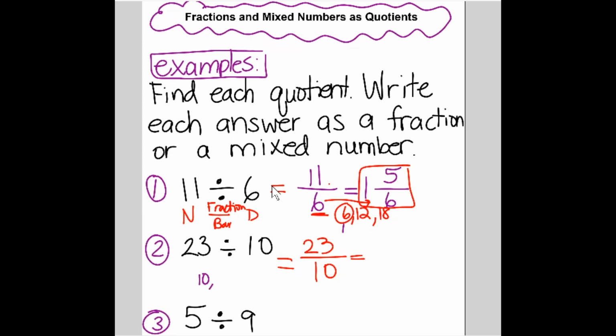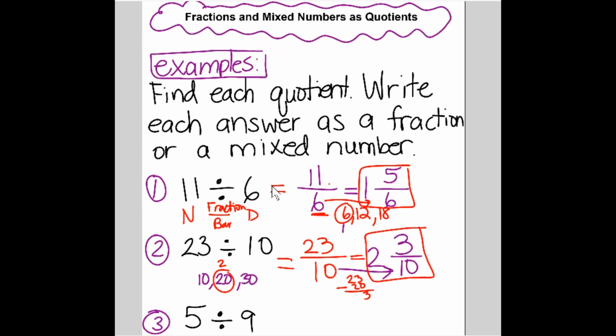So I have 10, 20, 30. I see that if I go to 30, that's too much. So I can get two 10s out of my 23. And what would be left over? 23 minus 20 equals 3. So now there's 3. And what's my denominator? Bring it over, that's 10. Our answer is 2 3/10.